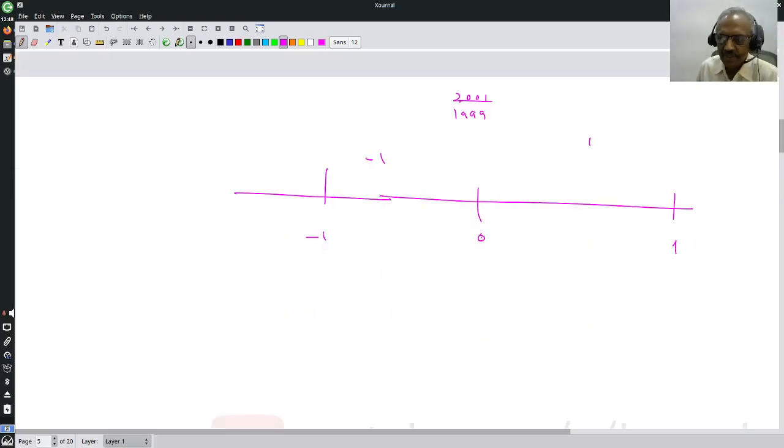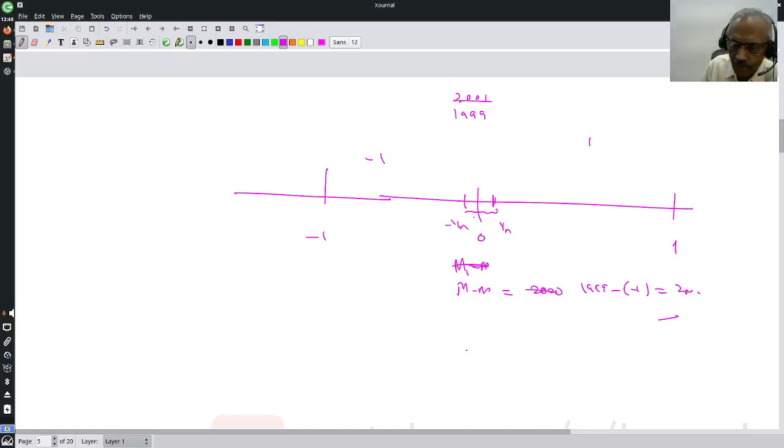This is the bad place where M minus m will always be 2000 minus the minimum, which is 999 minus of minus 1, which is 2000. This is very big. So I choose the partition so that the length of the interval will be minus 1 by n to plus 1 by n, therefore 2 by n times 2000, that should be less than some epsilon.